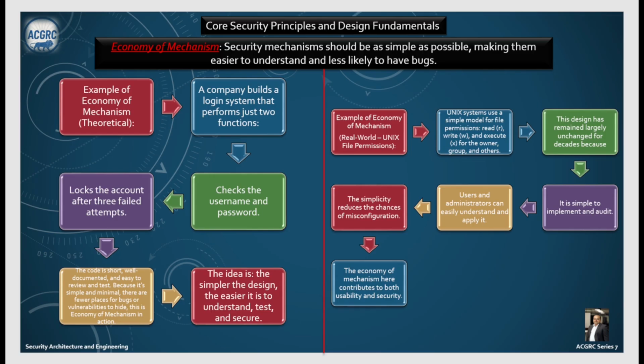Users and administrators can easily understand and apply it. The simplicity reduces the chance of misconfiguration. The economy of mechanism here contributes to both usability and security. I hope this gives a better perspective on the concept of economy of mechanism.